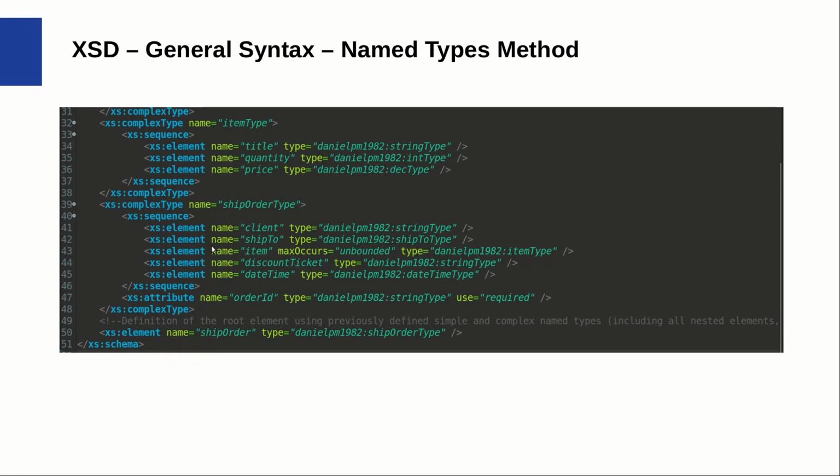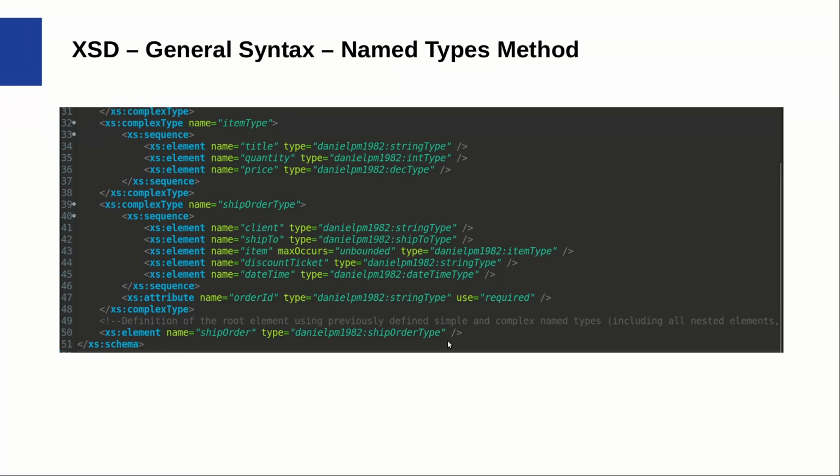And here we add all the elements with the respective types, reusing the types we've declared so far. And lastly, we declare the only global element, which is the future root element of the XML document instances, and set the type of this future root element as the shape order type with all other elements and types within it.